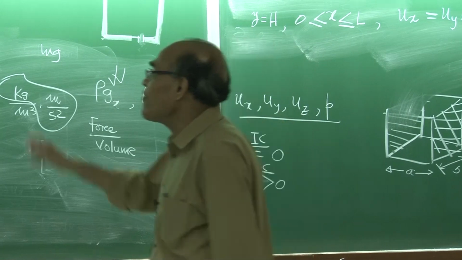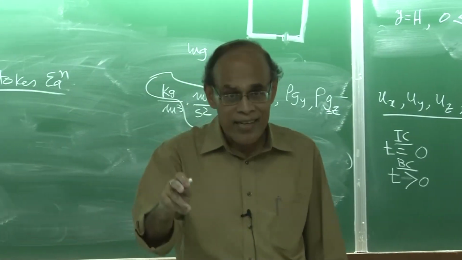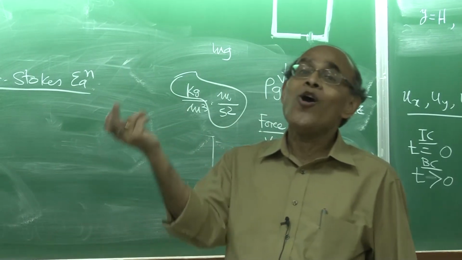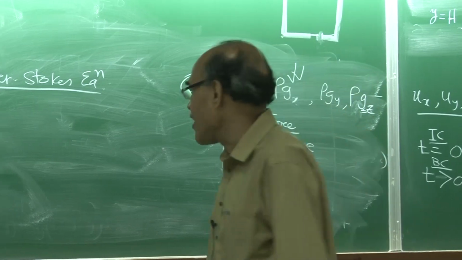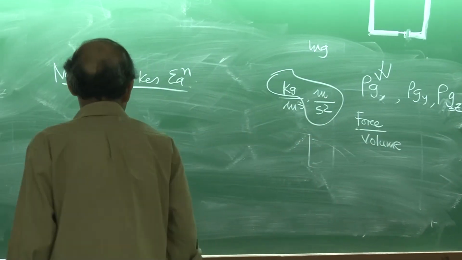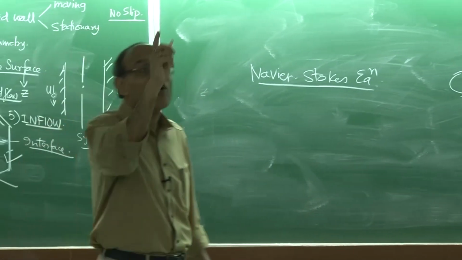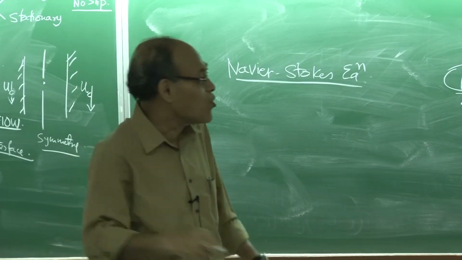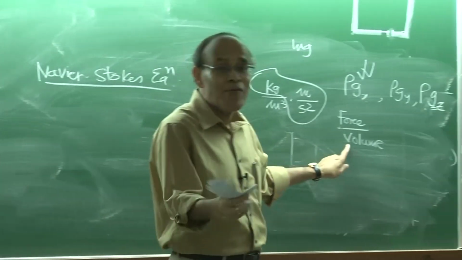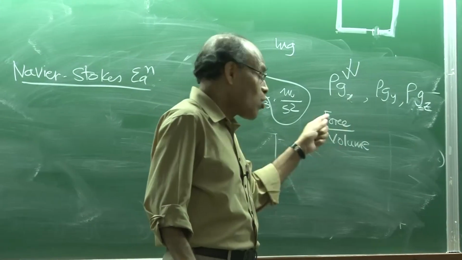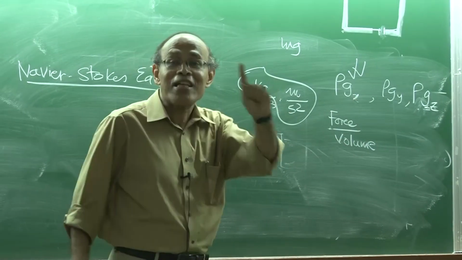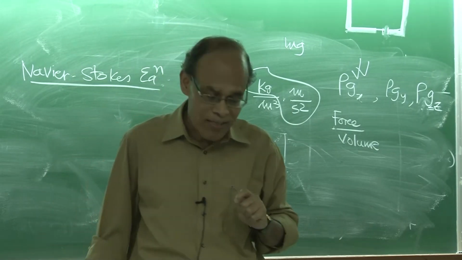Therefore, the Navier Stokes equation, which I have represented in dimensional form, can also be represented in a non-dimensional form. Each term is force per unit volume, and you are dividing by another term which is also force per unit volume, so essentially it becomes a non-dimensional term.